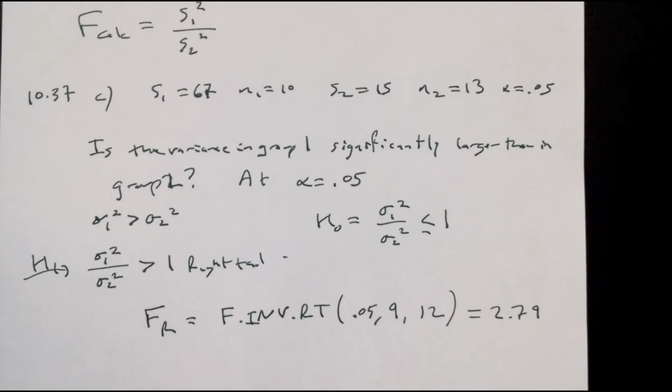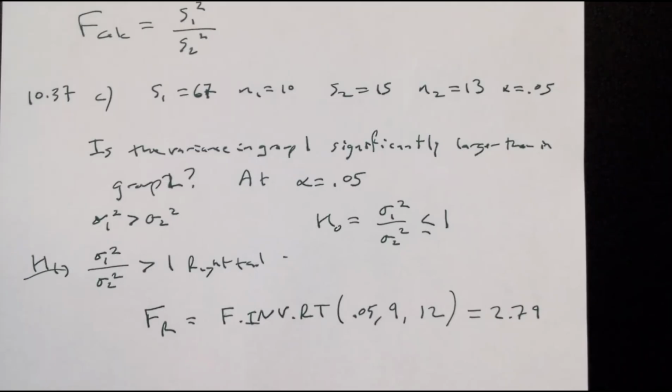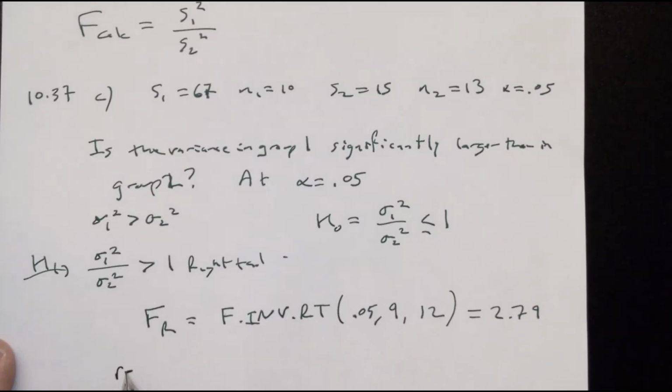That's FR. When am I going to reject? F calc. Right, but what's going to be my decision? How do I know whether or not to reject once I do that calculation? Reject if F calc is greater than or equal to F crit.